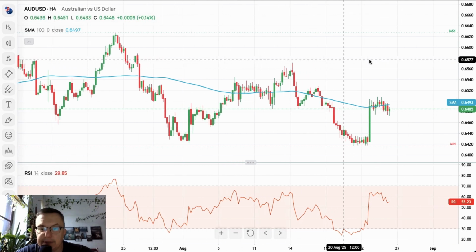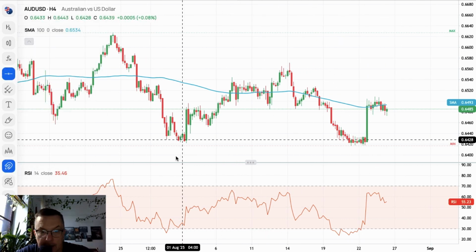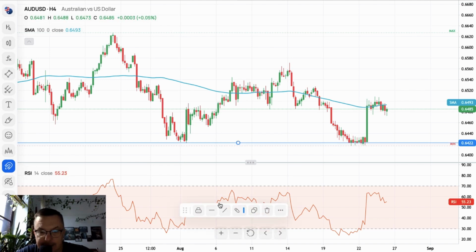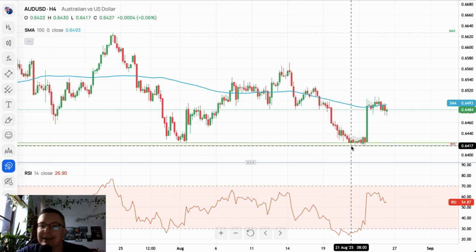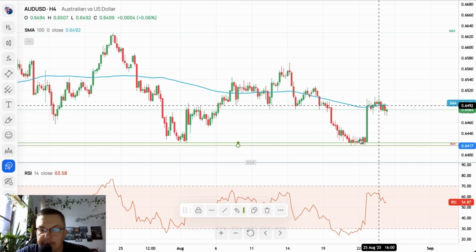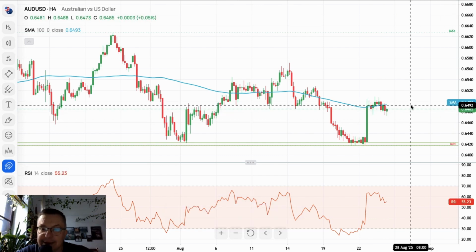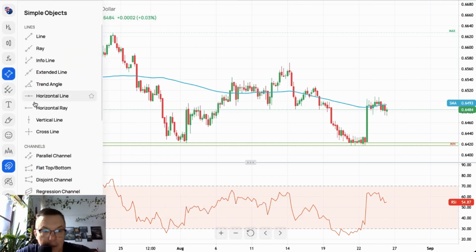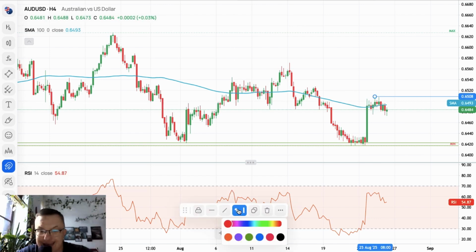Australian dollar, a little bit better situation here on a 4-hour time frame chart after the bounce from 0.6422. Obviously we got some kind of a test of the level of 0.6417. Very nice consolidation, bounce towards the 100 period moving average 0.6493. The local technical resistance is located at 0.6508.